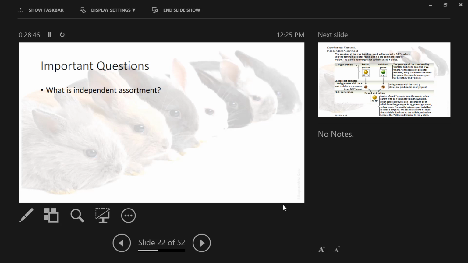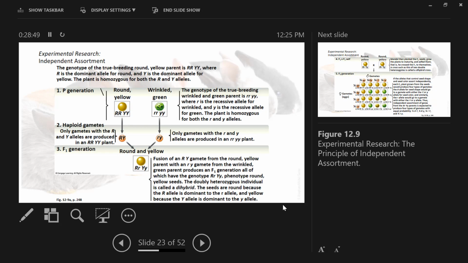Okay? If you look at independent assortment here, this is a cross to generate dihybrid individuals. You can see that this individual is a dihybrid because you have 2 different characters, 2 different genes. You have seed color and seed texture, really exciting characters there. The individual is heterozygous for both, so this is a dihybrid individual.